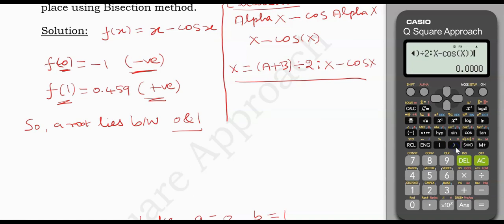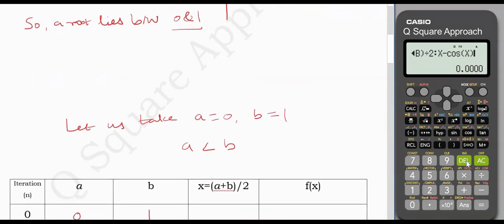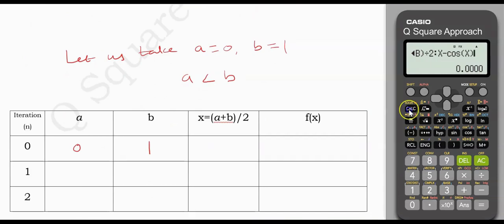Now the root lies between 0 and 1. So let us take a equal to 0 and b equal to 1. Here a is less than b because it is an interval. Now press calculation button, give the value a, that is 0, equal, 1, then equal. So the midpoint is 0.5.